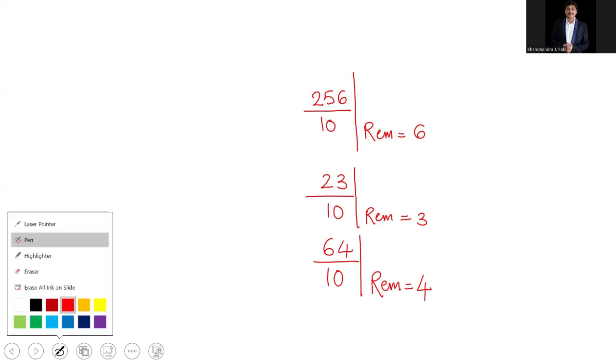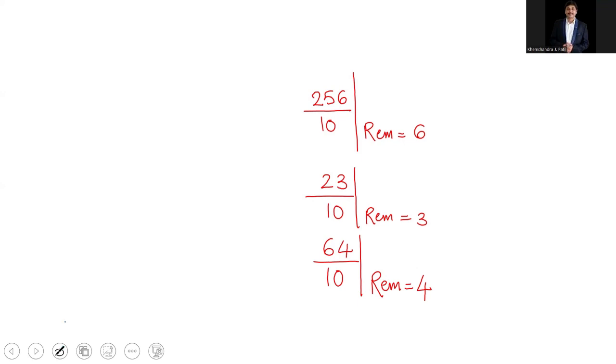Now if I am asking this question in this fashion, find the remainder when 2856 raised to 20292 is divided by 10.